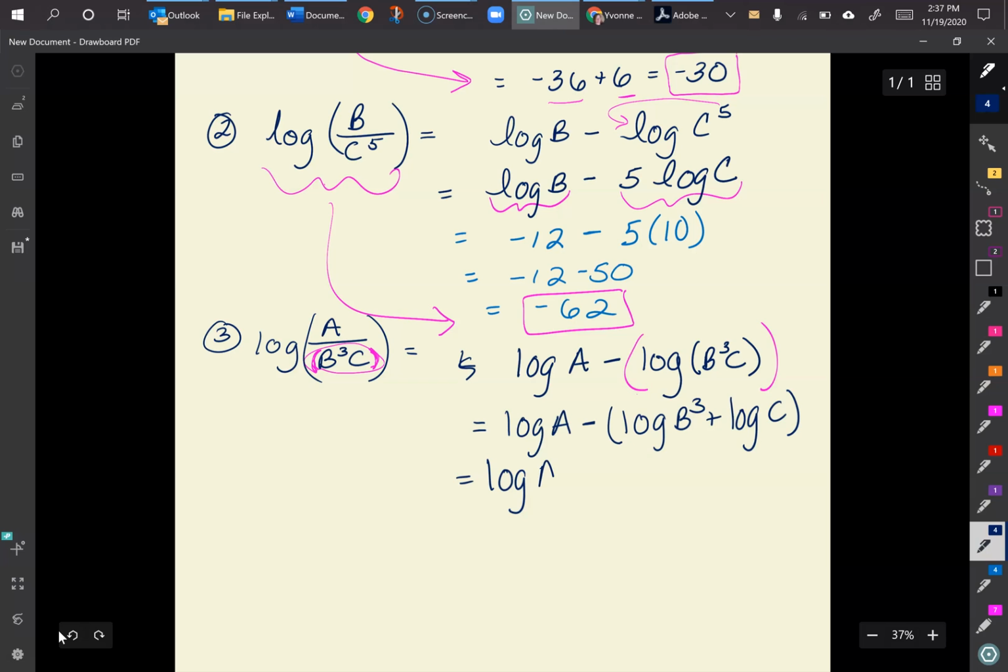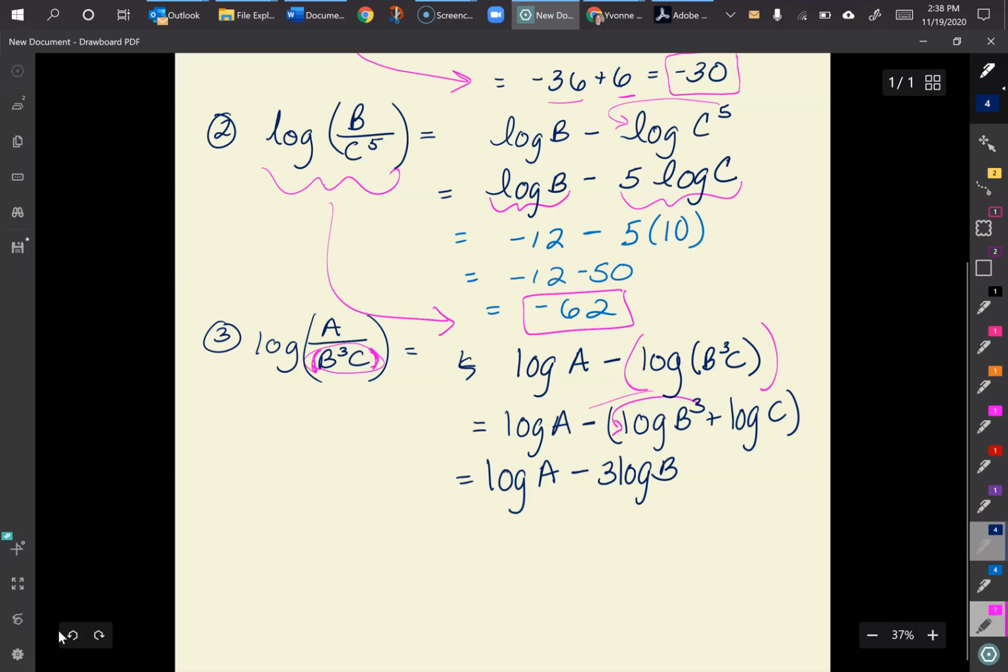So this turns into log A. This 3 will come down in front here, so I'm going to kind of do that simultaneously as I distribute my negative. So I have a negative 3 log B, and then I have to distribute the negative here also.